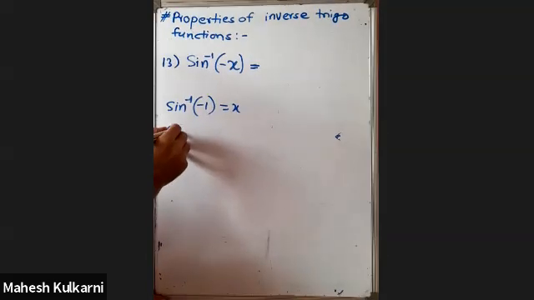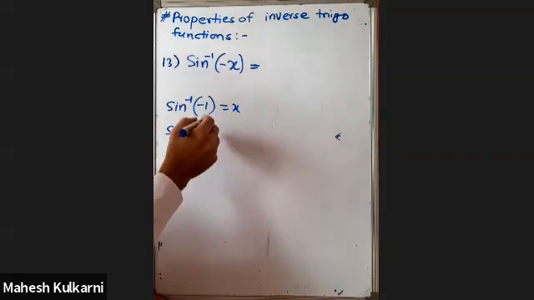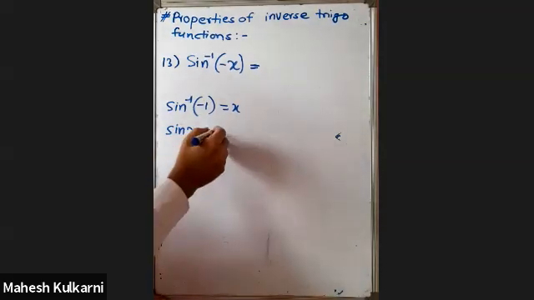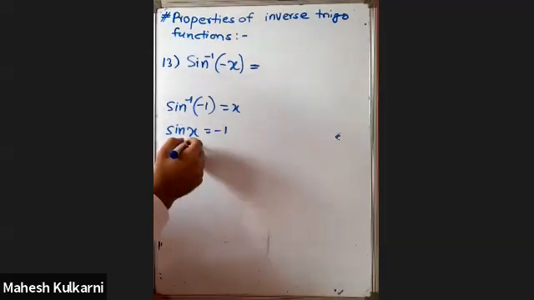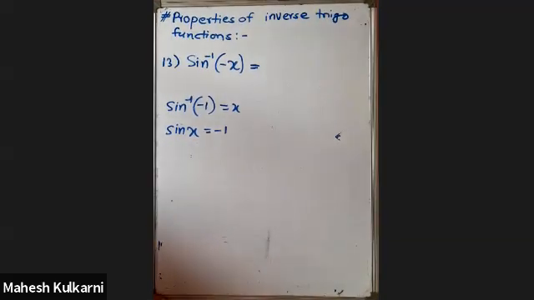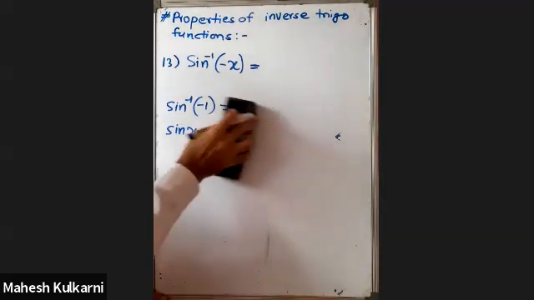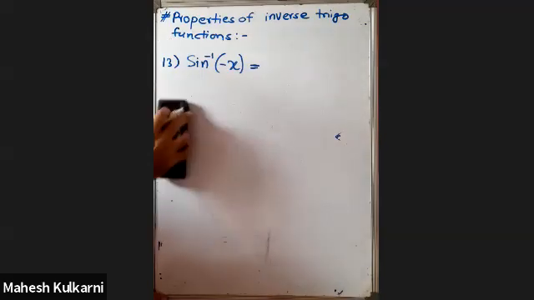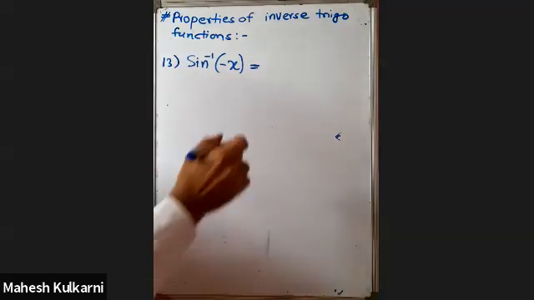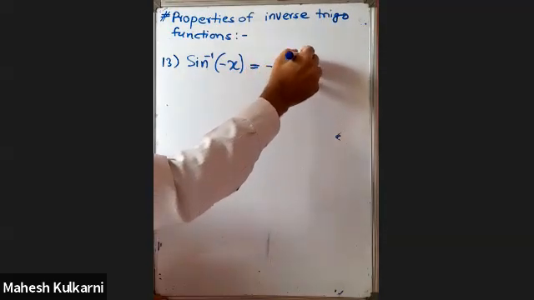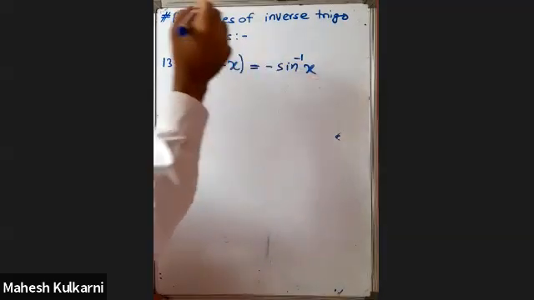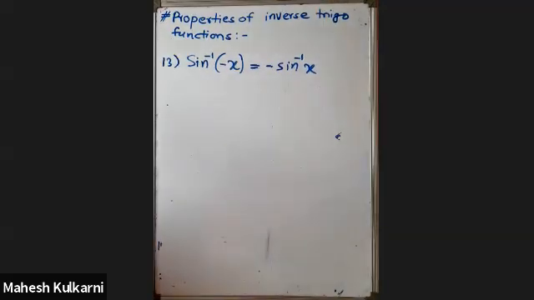Then one can write sin x is equal to minus 1, and then x is the value for which the sin ratio is minus 1. So for this function, sin inverse of minus x, you can write directly minus of sin inverse x.